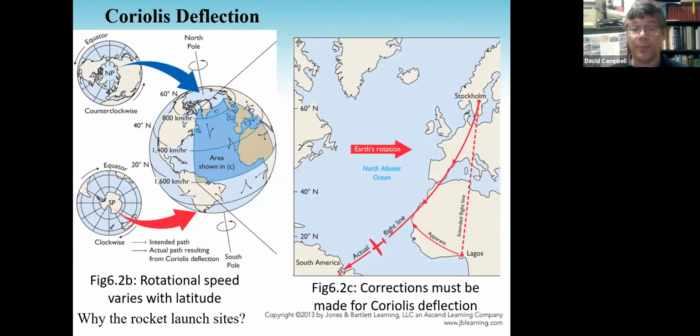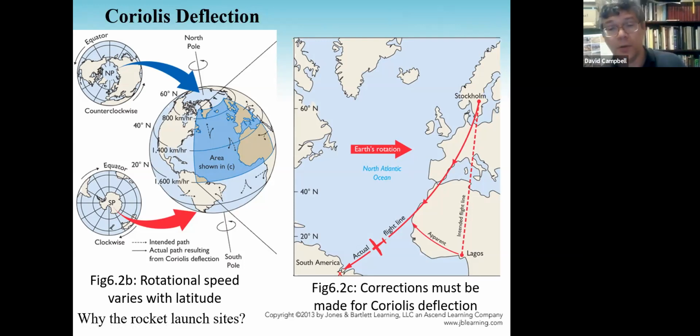Here's an example of the importance of thinking about this. If a pilot was supposed to be flying a plane from Stockholm in Sweden into Lagos, Nigeria, and ignored the Coriolis effect, then would end up instead in Brazil.